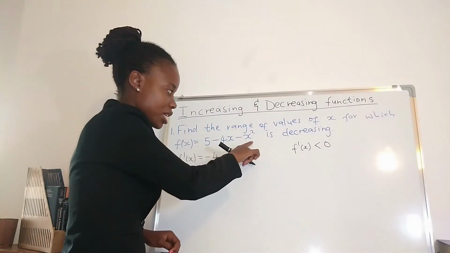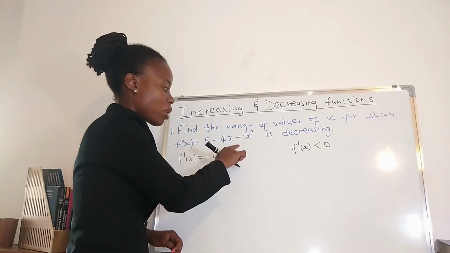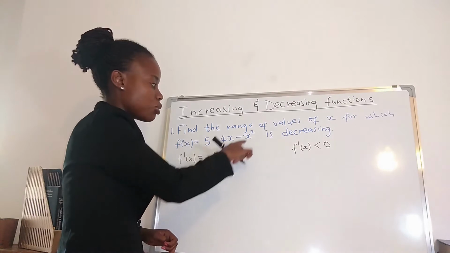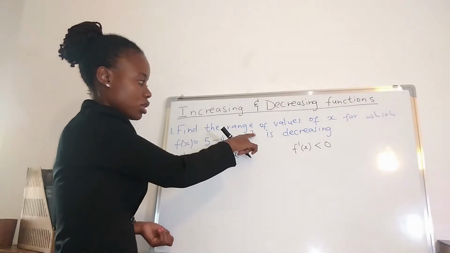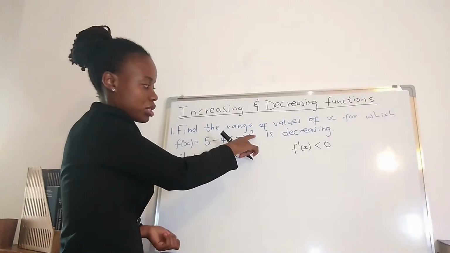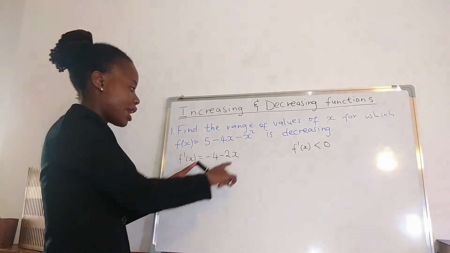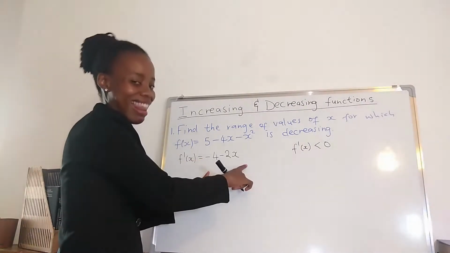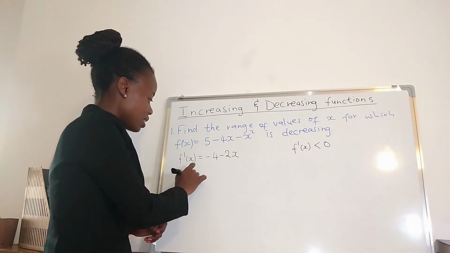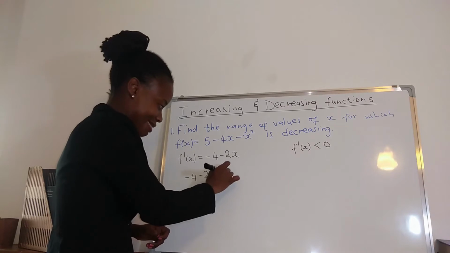And if we differentiate this, you drop the power and subtract 1 from the power, that's why it's x, because 2 minus 1. This 2 is from this one. You drop it and you subtract 1 from the power. Okay, and decreasing, so this is supposed to be less than 0. So we're going to have negative 4 minus 2x is less than 0.